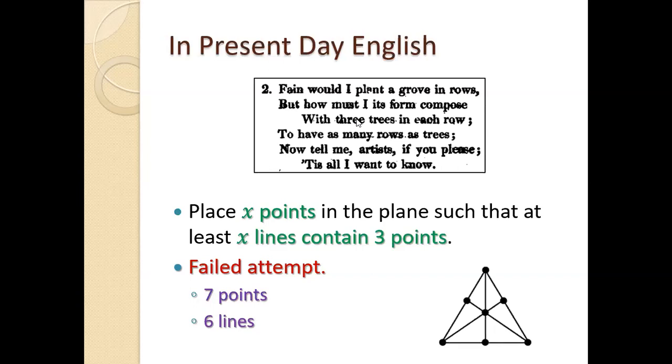What do you think? How can we try something? I was just saying 9 points. Okay, yes. So the question is, how do we place those 9 points, right? Good. How can I try to place 9 points so that I have at least 9 lines that contain 3 points?